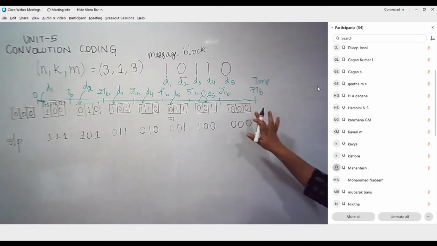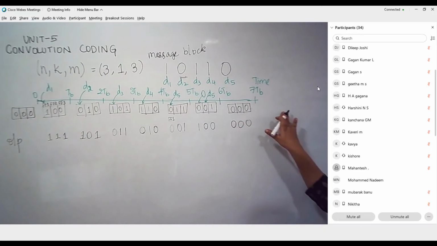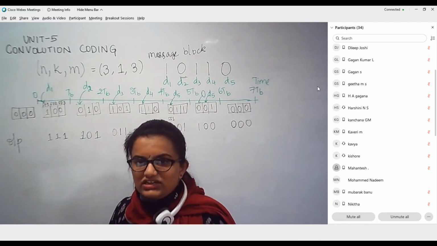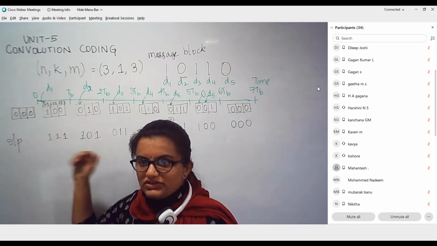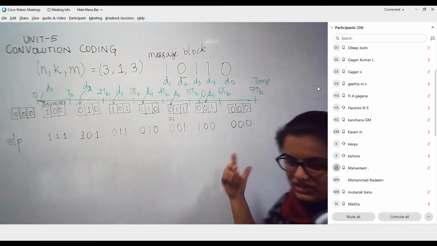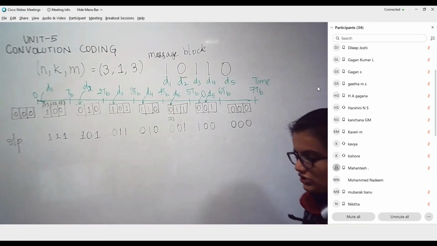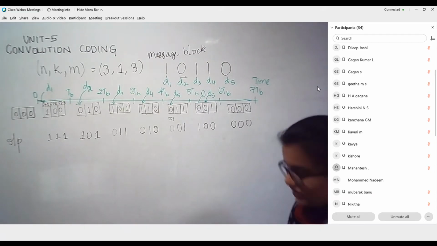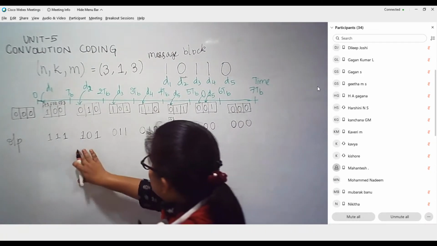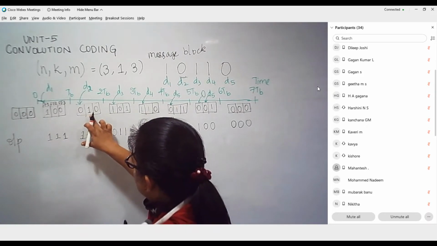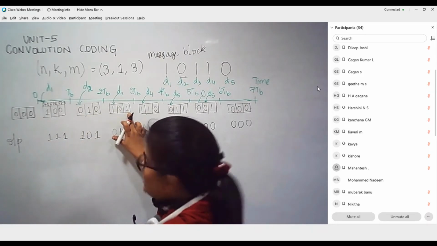Now it has entered into the stage where we initially started. The shift register has finally been filled with all zeros and it has come to its initial position. So this is how the convolution coder will work. If you look at this carefully, D1 was first here, then D1 was in the second place, and D1 is in the third place.